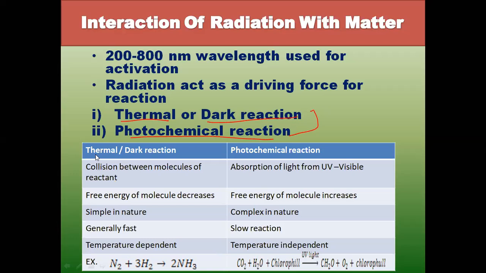So we use some catalyst, some solvent, some energy. It may be in the form of heat, it may be in the form of light. All these factors help to activate the reactant molecule more, and then this molecule undergoes the reaction. If the molecule is stable, it does not undergo the reaction.